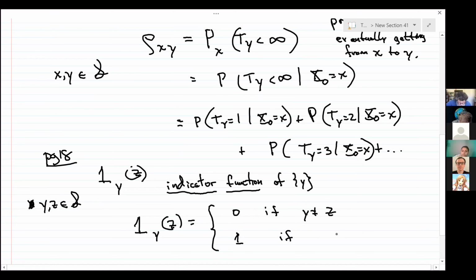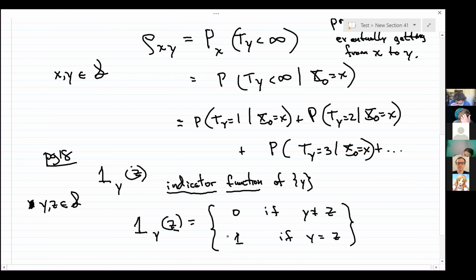So if you think of these as two states in the state space, y and z, the indicator function is 1 if the two states are the same, and it's 0 if they're not the same.